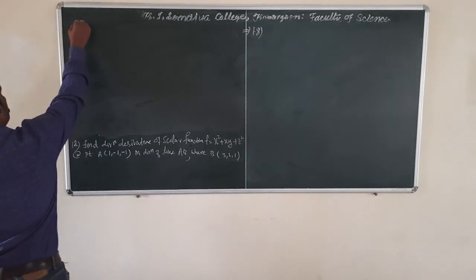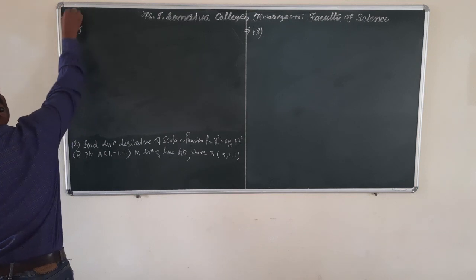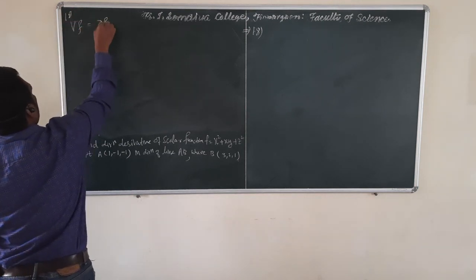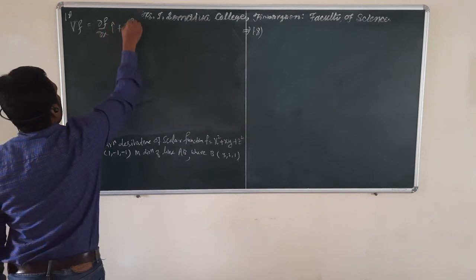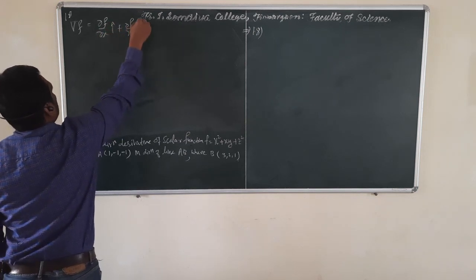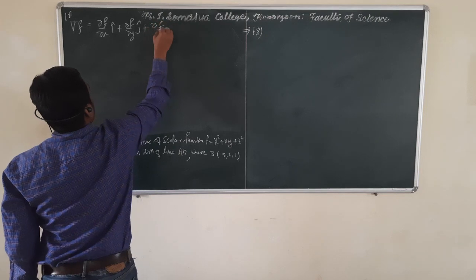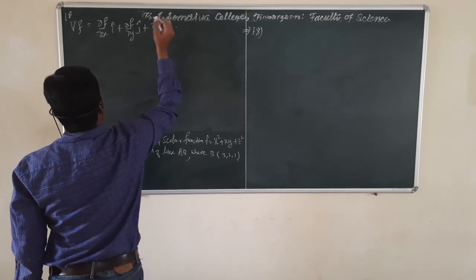So instead of phi, we have the function f. First of all, the gradient of f is, we know, del f by del x i cap, del f by del y j cap, and del f by del z k cap.